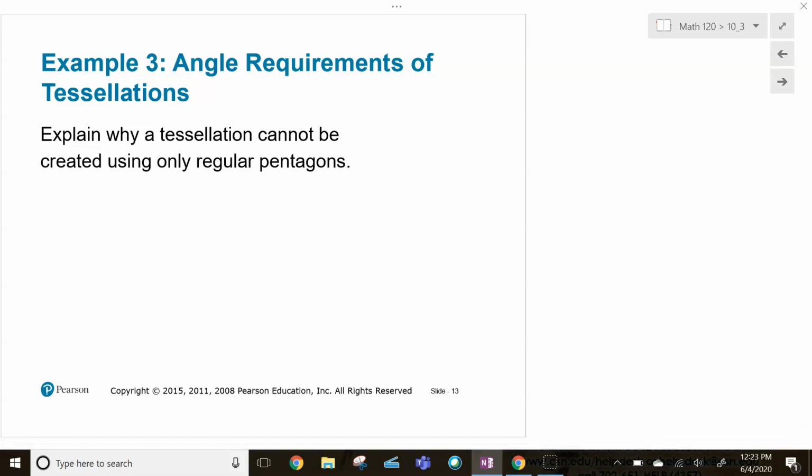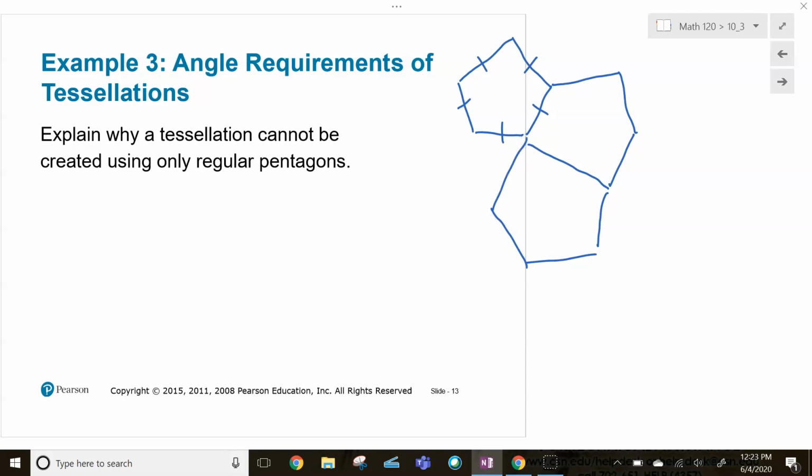Explain why a tessellation cannot be created using only regular pentagons. So the question is, if I had these regular pentagons, regular meaning all the sides are equal in length, could I fit them together and then fit one more in here, right?